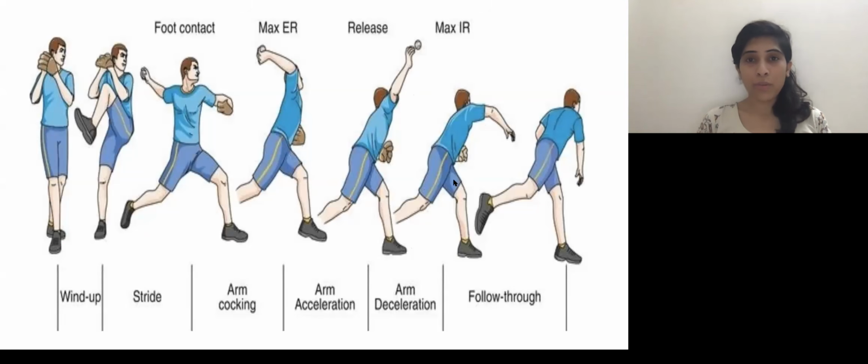During the follow through phase, the body will get relaxed. So these are the basic phases. Mainly while doing the throwing activity, all these phases will be present. There will be some variation according to the sports activity.